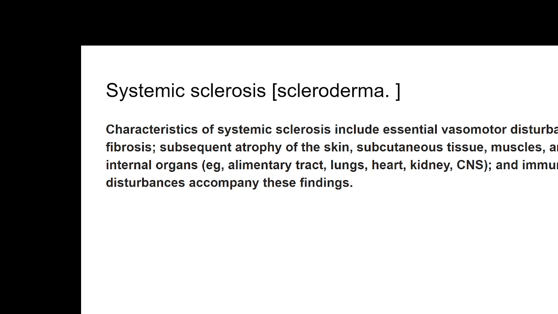Now some more of these autoimmune conditions are the connective tissue disorder pathologies. Systemic sclerosis is one more, scleroderma. From the clinical point of view, the number of patients whom we see with scleroderma is comparatively lesser, but it is one of the important diagnoses which causes some confusion, overlapping with SLE.